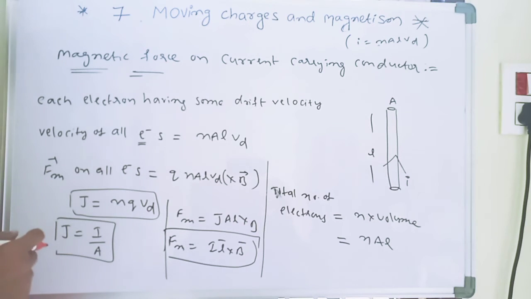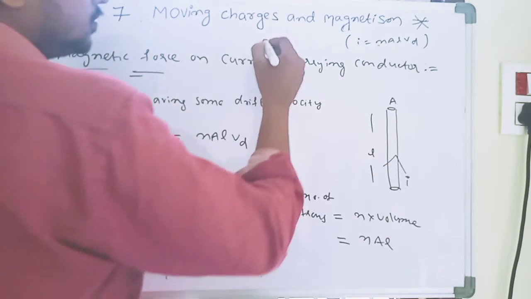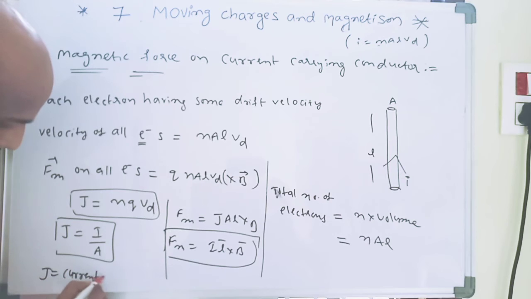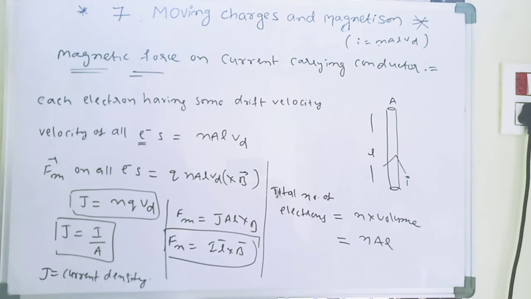What is J here? J is called current density. Here Fm is equal to I into L cross B.